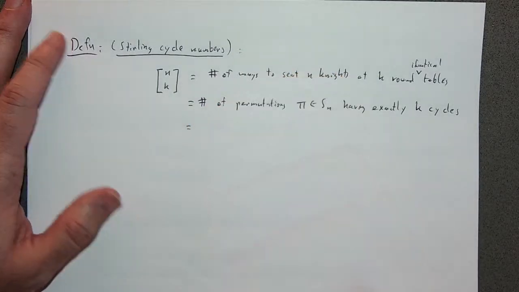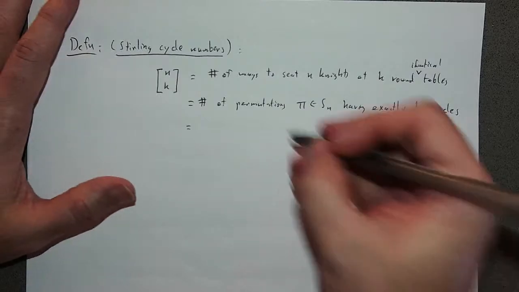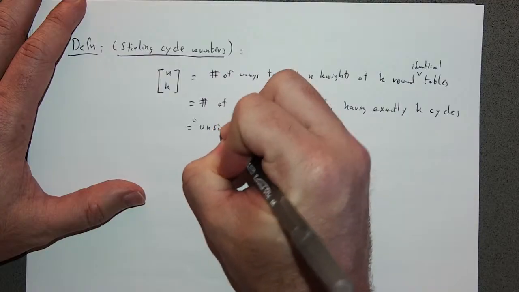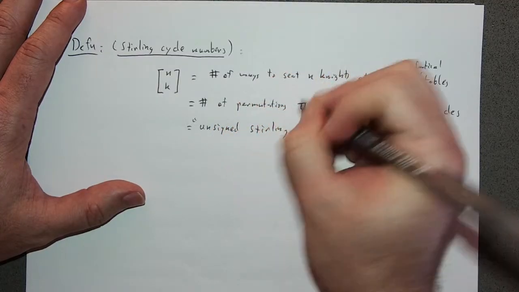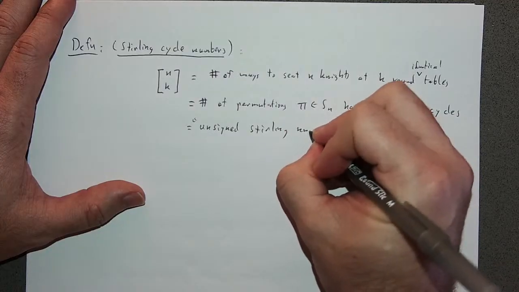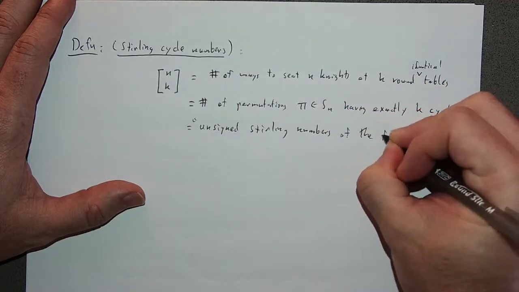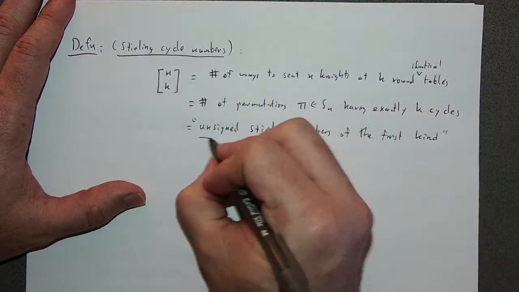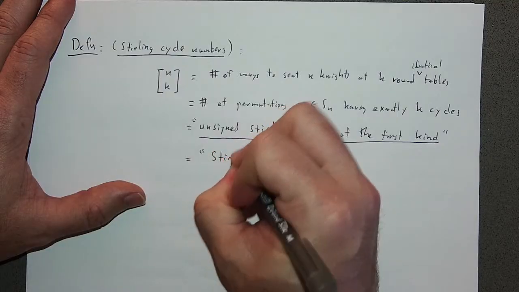These are called unsigned Stirling numbers of the first kind, or Stirling cycle numbers.